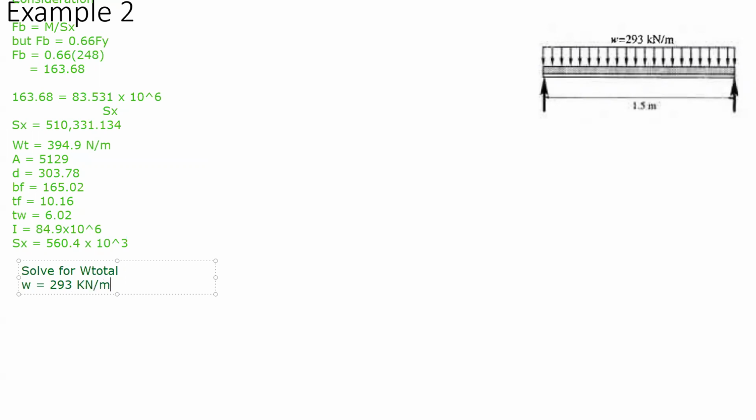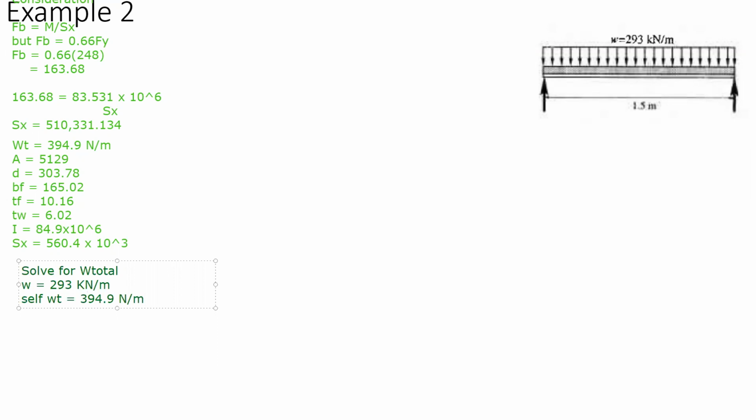But our beam carries one more thing, which is the self-weight. Self-weight is given as 394.9 Newton per meter.